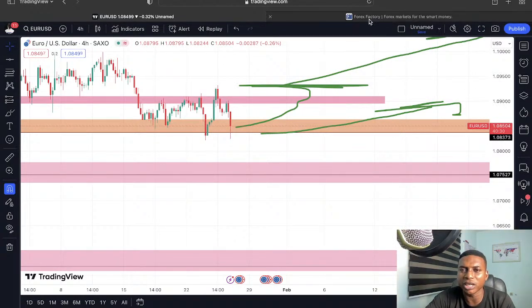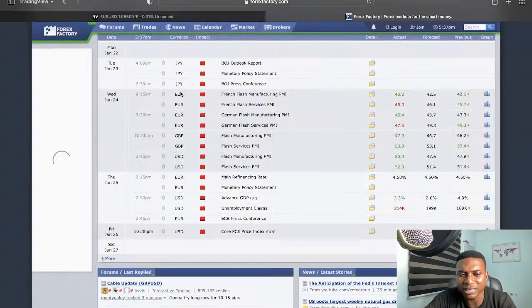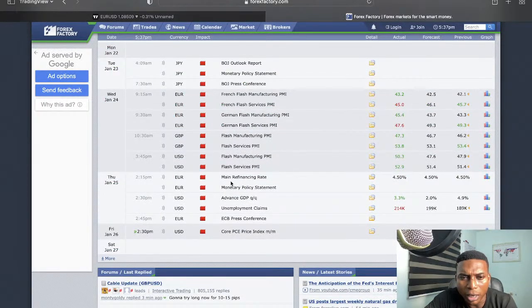Let's check out the news that came out today. So today is Thursday 25th. We can see that news came out on Euro at 2:15 p.m. West African time on main refinancing rates and also monetary policy statement.